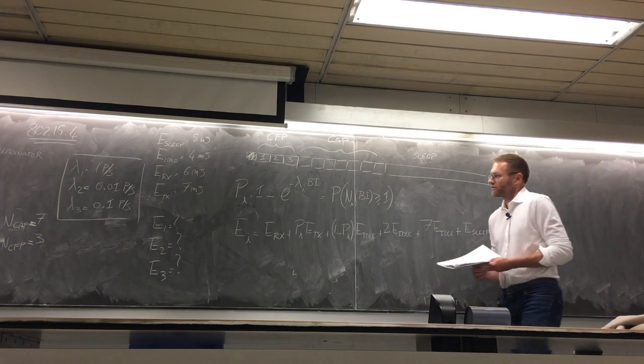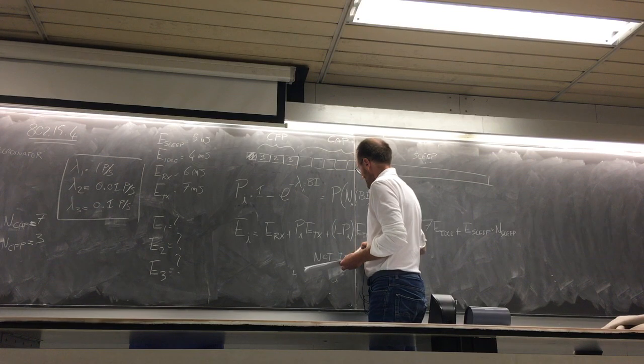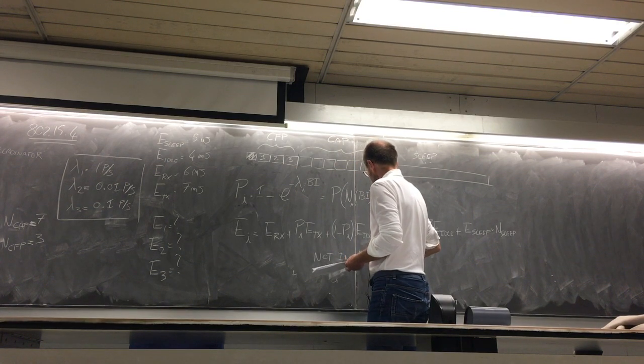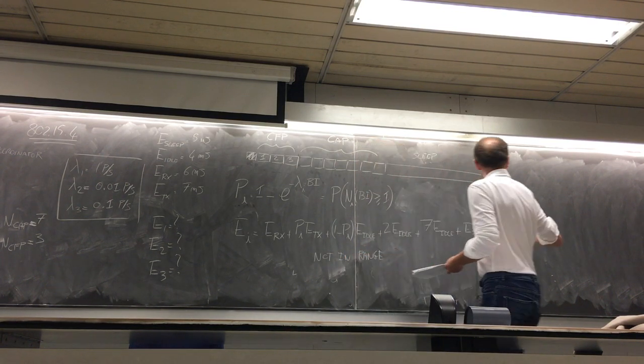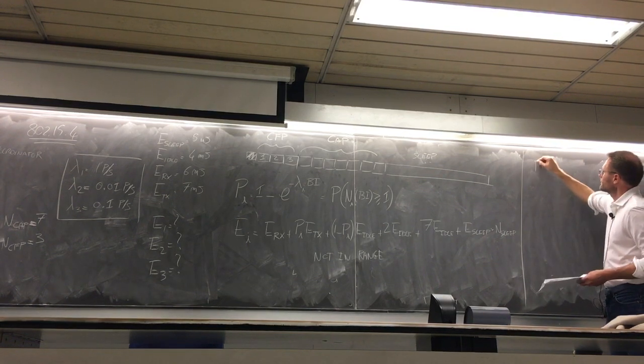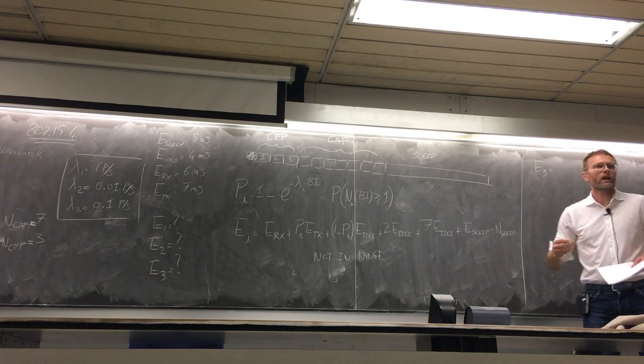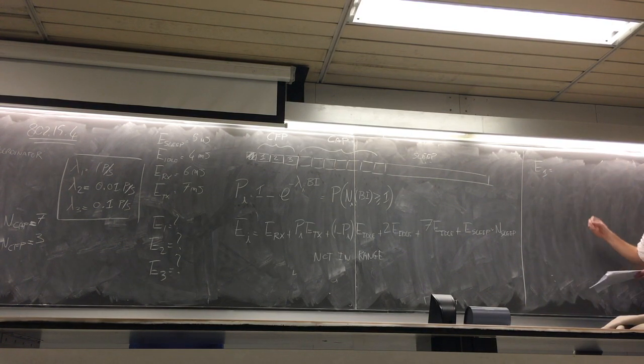So that's the case of not in range. Let's do the case where they're in range, and let's do it for node 1. The energy consumed by node of type 1, if they're in range, is E Rx for receiving the beacon.